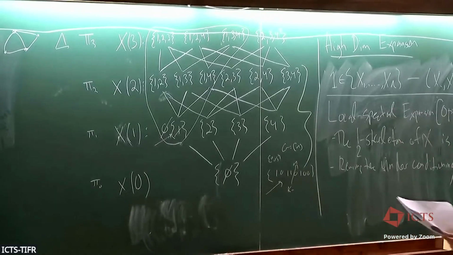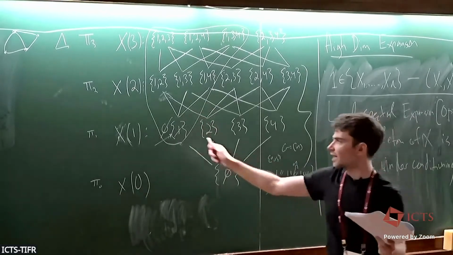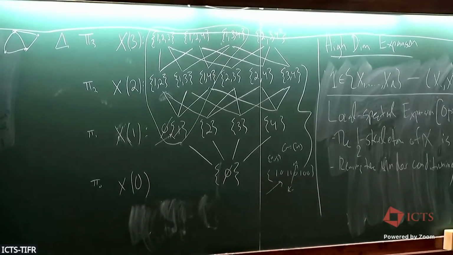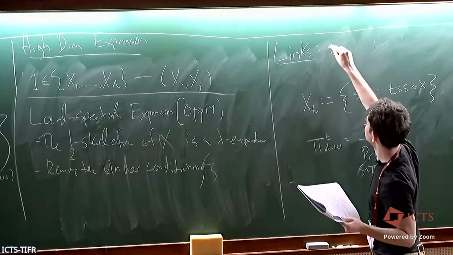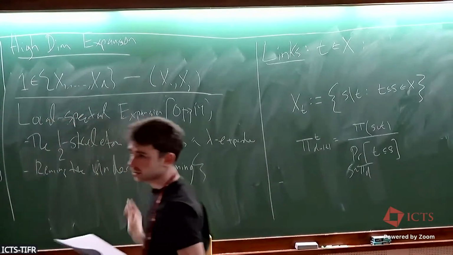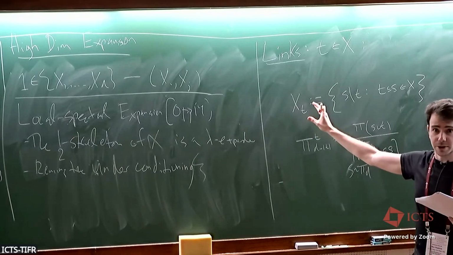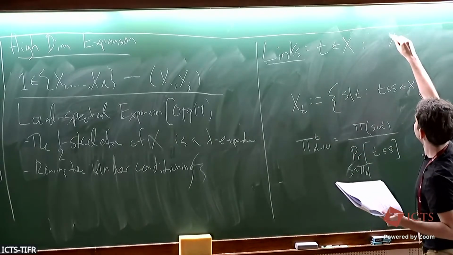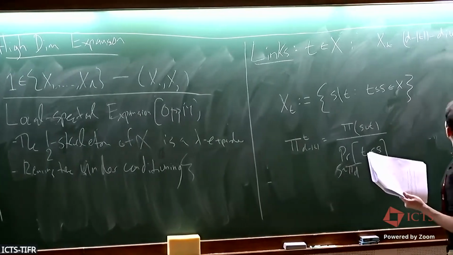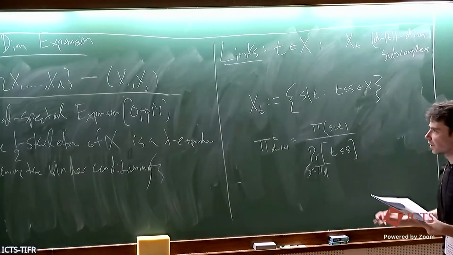So let me write it down formally as a combinatorial object as well. Combinatorially, we can view these as local neighborhoods. What I'm doing here is selecting the neighborhood of 1. These are usually called the links of X. For a given T in the simplicial complex X of any particular size, so I'm not fixing the size, the link X_T is the local subcomplex that is the neighborhood of T. It's a d minus |T| dimensional sub-simplicial complex, and it's defined combinatorially exactly like I said.